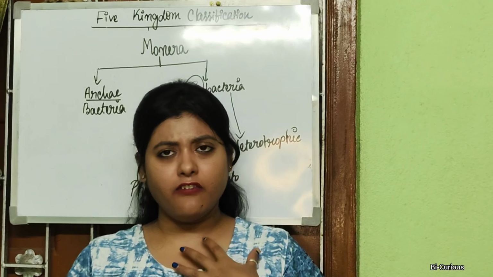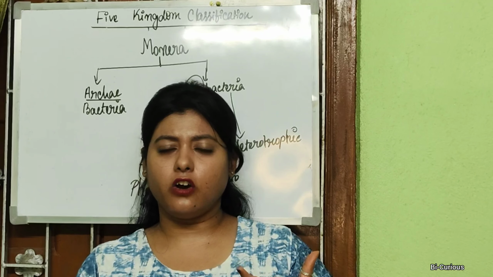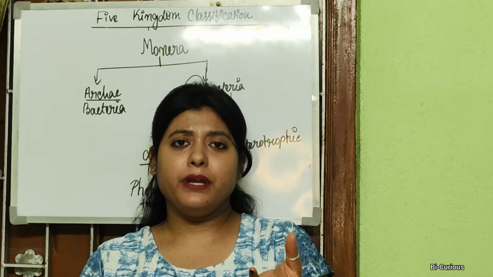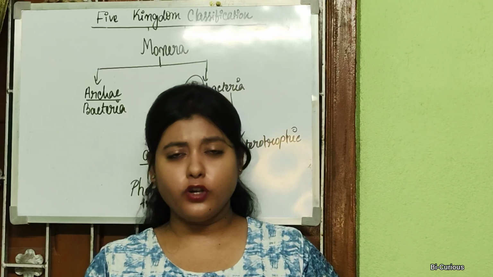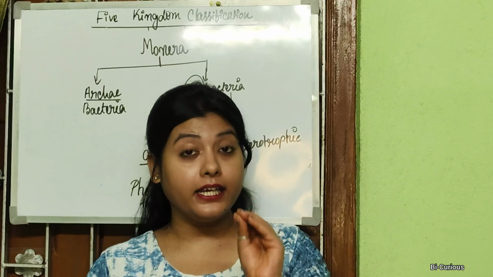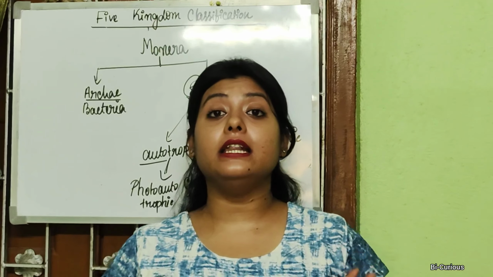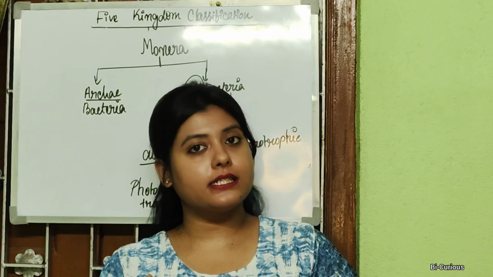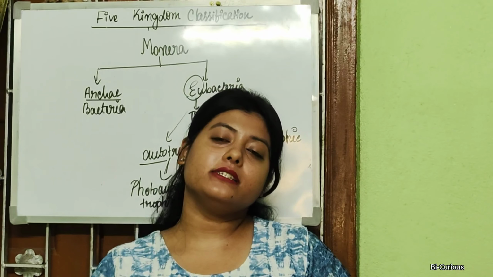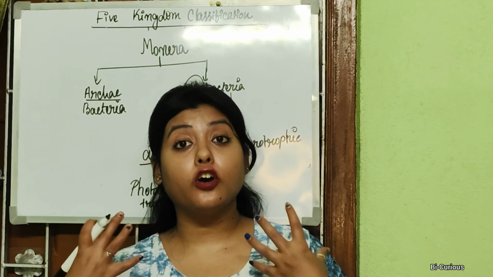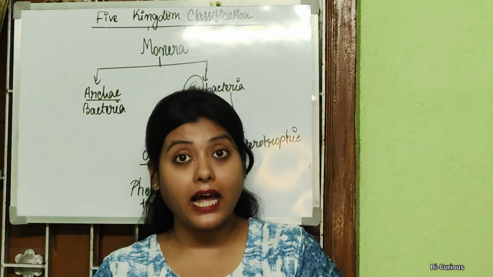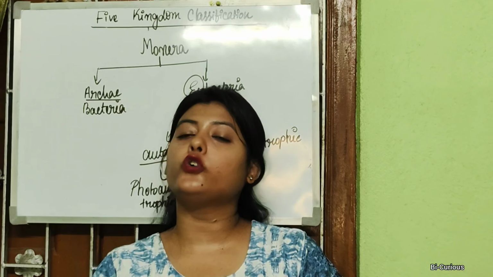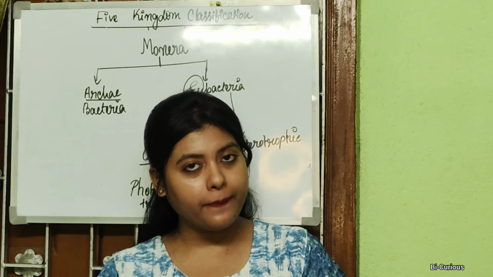Auto, I have already told you, is the organism which is capable of producing its food by itself only, but here they are utilizing light energy. Photo means light. So when the organism is capable of producing food by utilizing light, it is called a photoautotrophic organism.